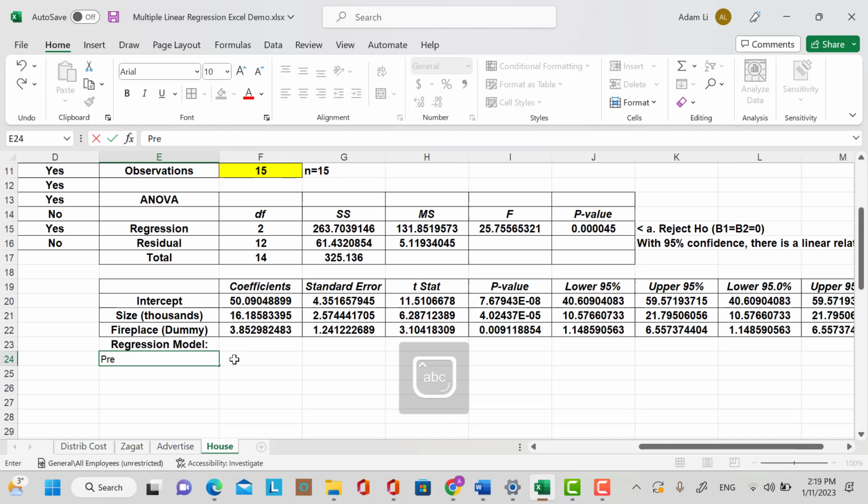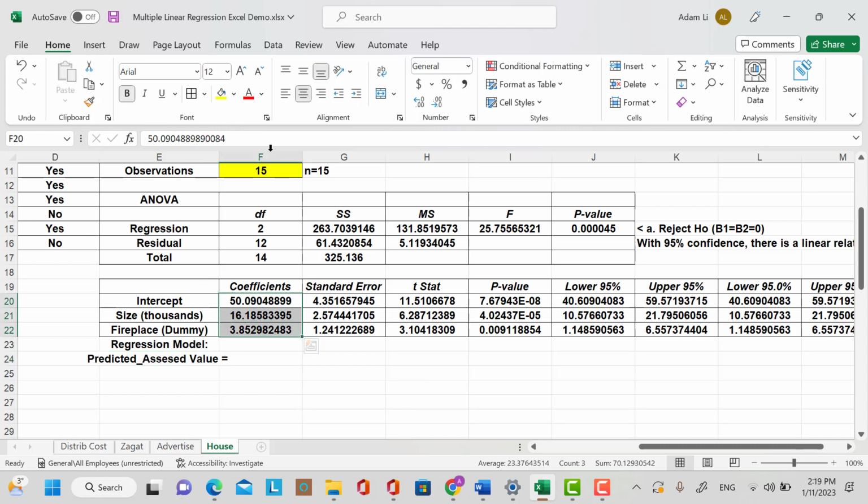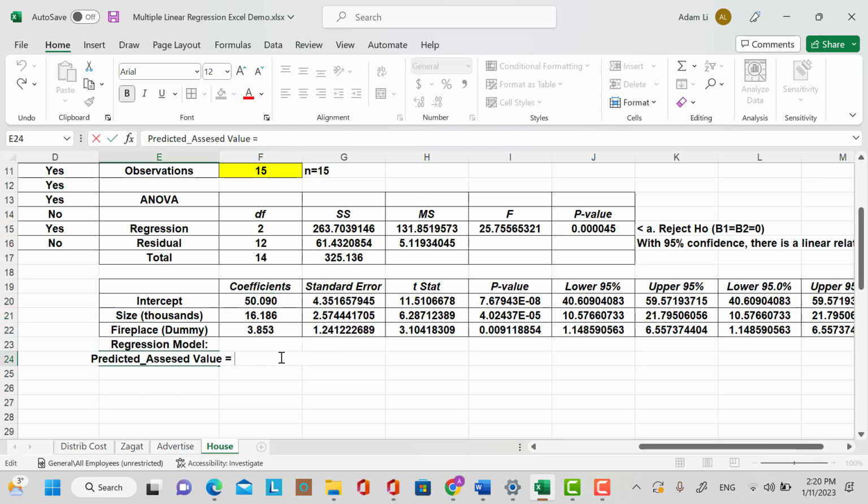The predicted house value, or assessed value, is equal to, okay, let me turn it into 3 decimal places, 50.090, adding 16.186 multiplied by size of house in thousands, units thousands, adding fireplace, 3.853.